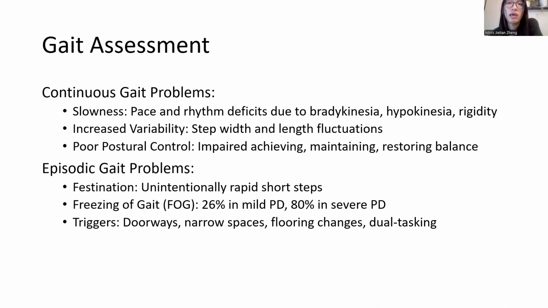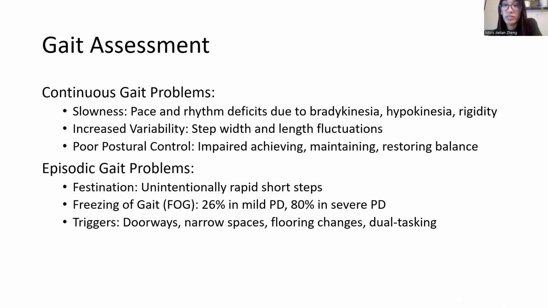Gait disturbances in PD can be divided into continuous and episodic problems. Continuous problems include 3 primary impairments. First is slowness. It affects both pace and rhythm, caused by the combination of bradykinesia, hypokinesia, and rigidity.